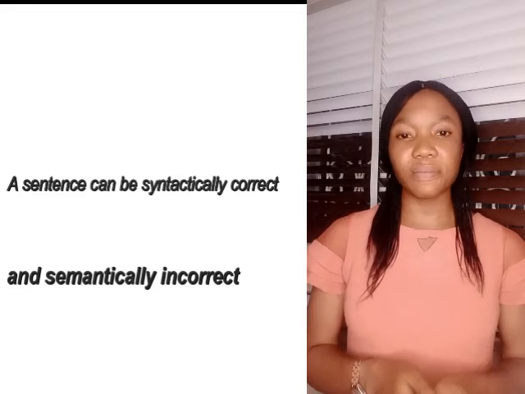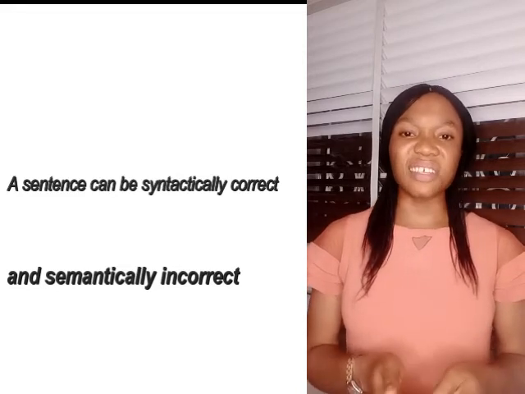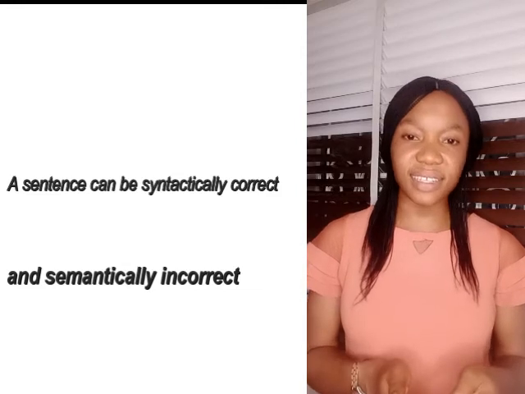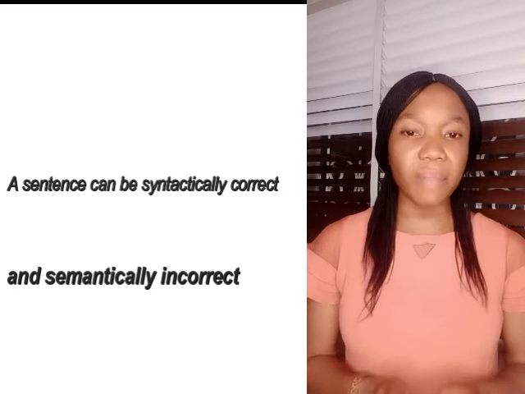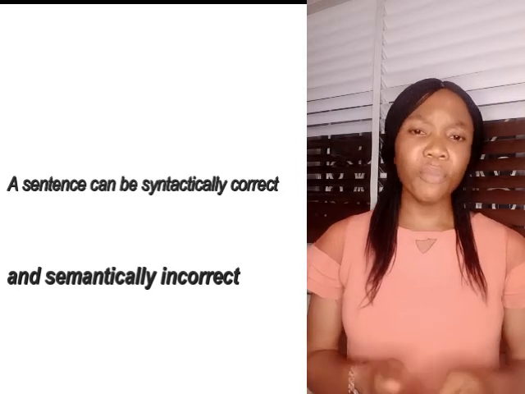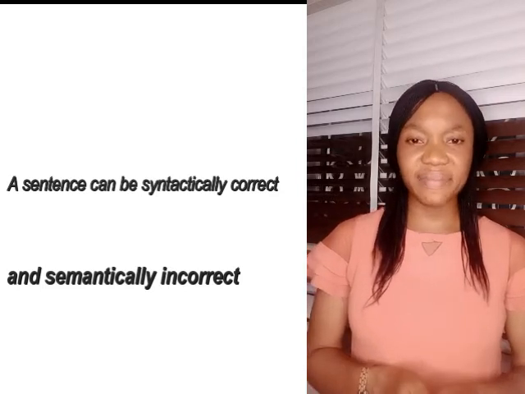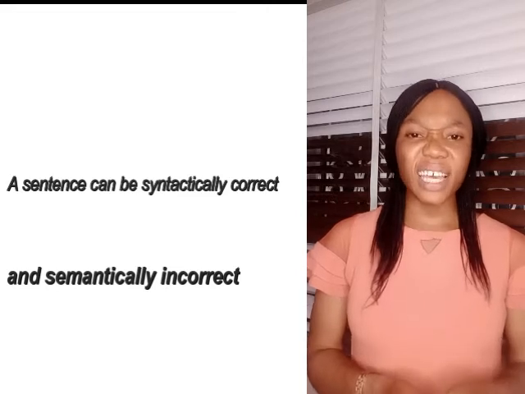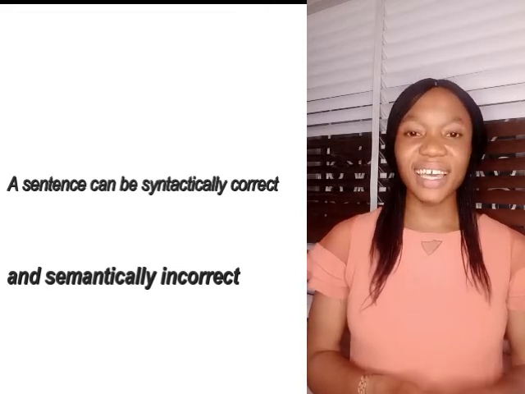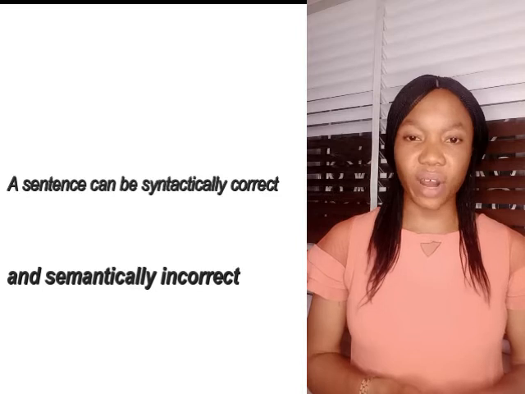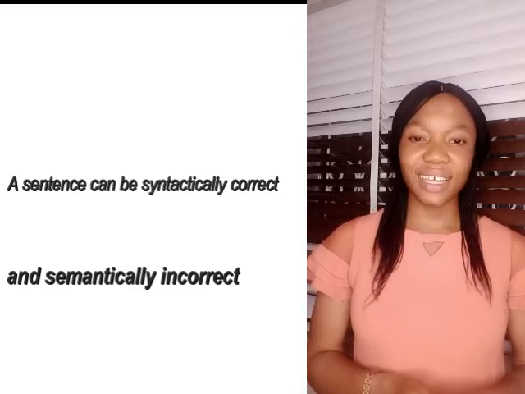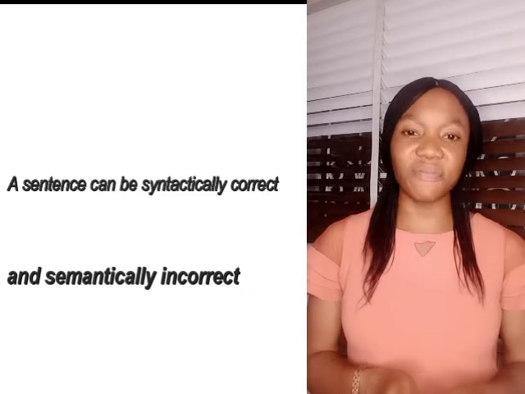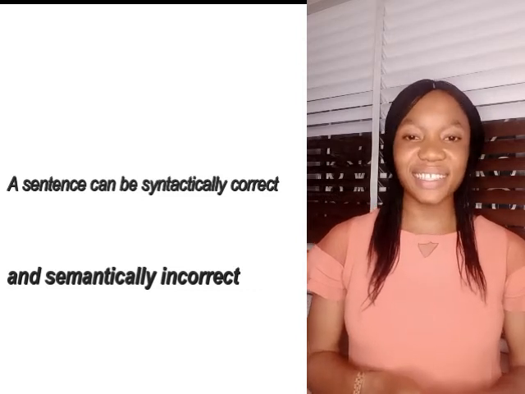For instance, I can say a snake is chasing an ant. It is syntactically correct, semantically correct. But when I say an ant is chasing a snake, it could be syntactically correct, but semantically in meaning it is odd, because an ant can never chase a snake.